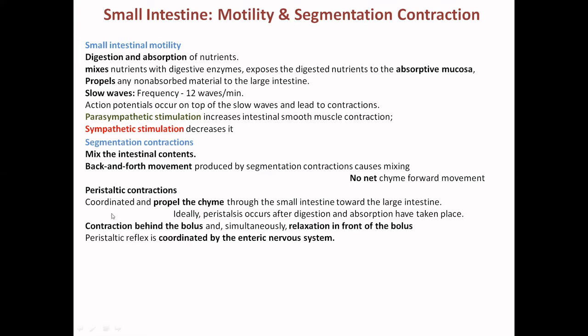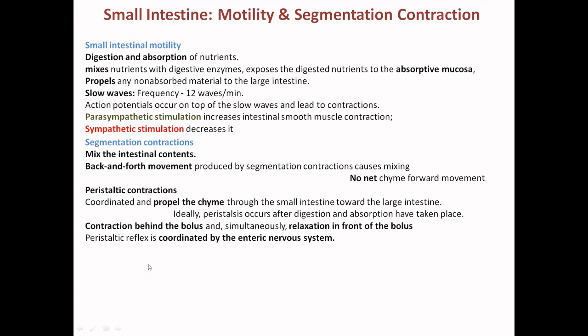So the coordinated movement propels the chyme from the small intestine toward the large intestine. Ideally, peristalsis occurs after digestion and absorption have taken place, so that the food that is needed by the body will not be excreted out. After absorption and digestion, peristalsis is initiated: contraction behind the bolus and simultaneous relaxation in front of the bolus.